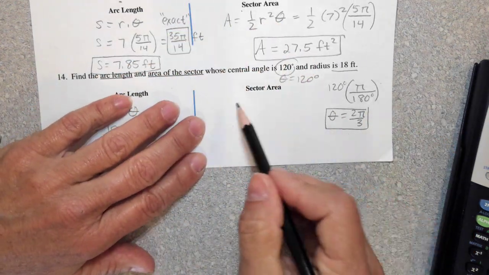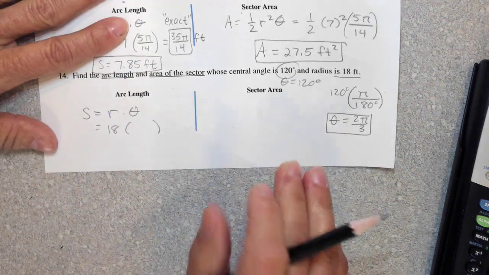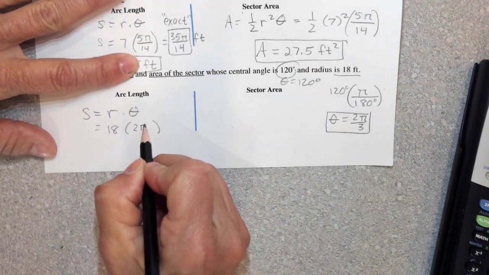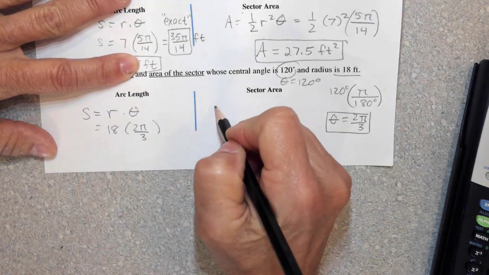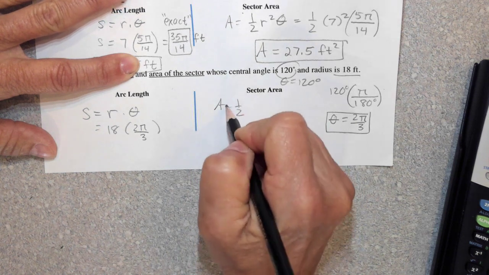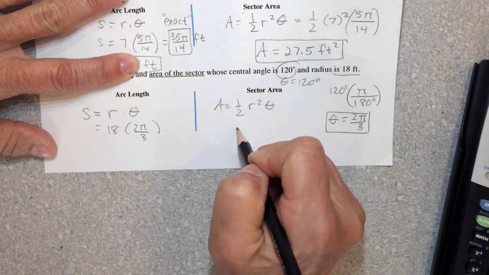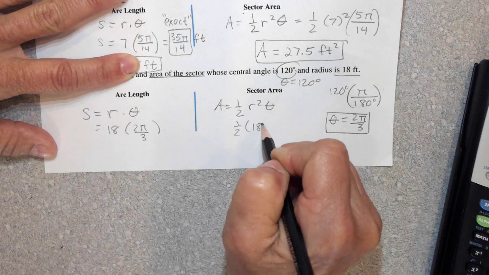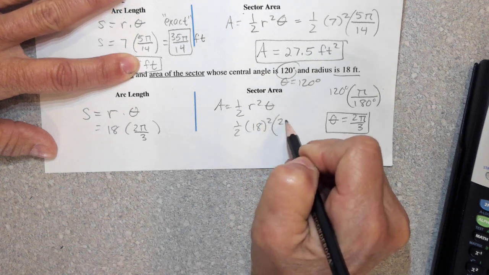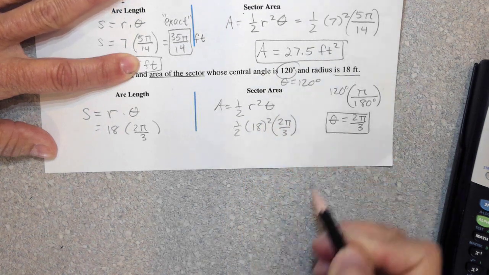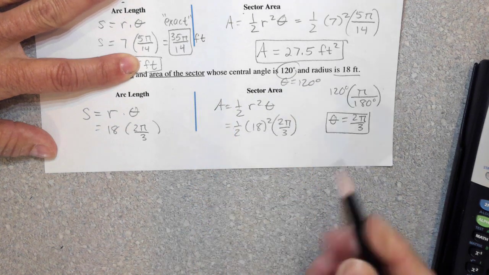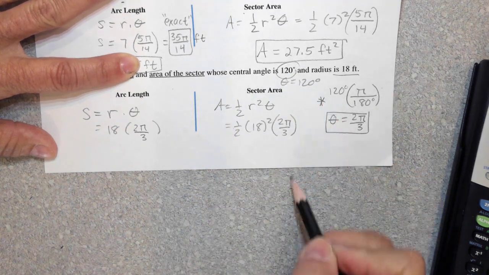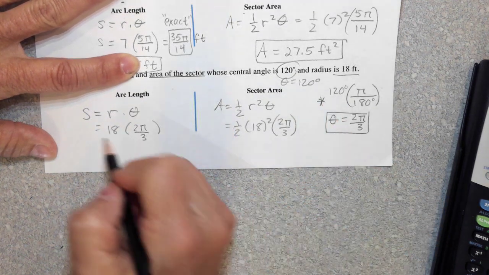And that's going to be usable in both formulas, so I don't have to do that work twice. I'll put my 2 pi thirds in here, and for 1/2 r squared theta, I knew my 18, but now I'll put my 2 pi thirds in here as well. That's the only thing that's different, having to do that conversion before plugging it in.